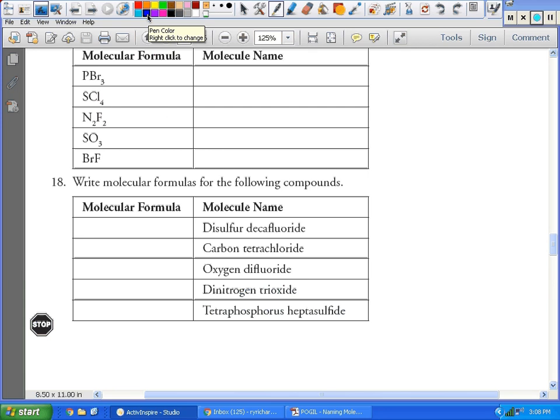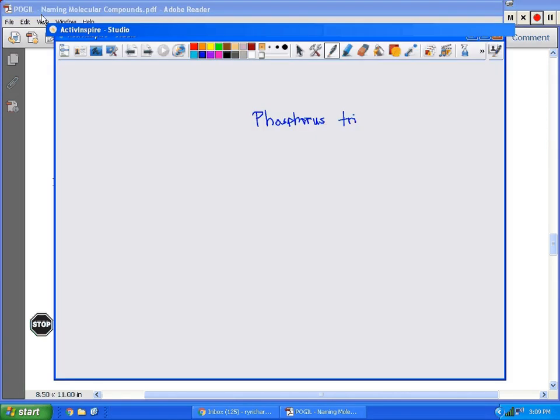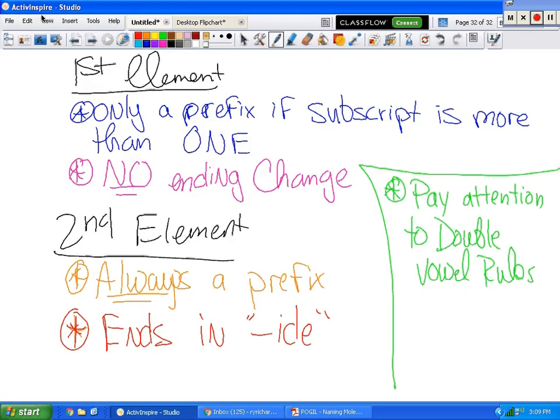What is it? Okay, now what is the root element? What is Br? Bromine. But does it end in INE? What does it end in? The second element ends in... No, up there it does, but in the name. Okay, so it's phosphorus tribromide. Yeah, I just wrote phosphorus tri.